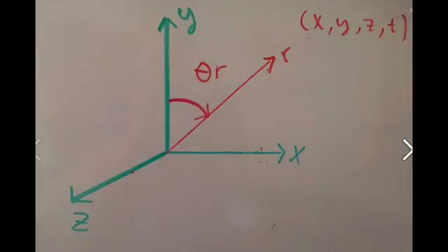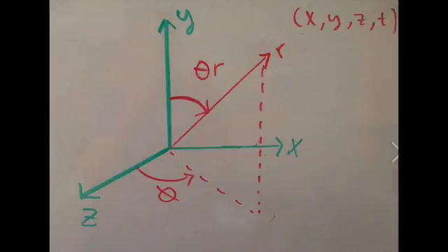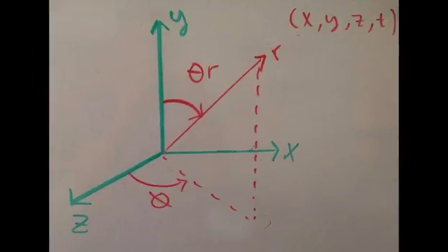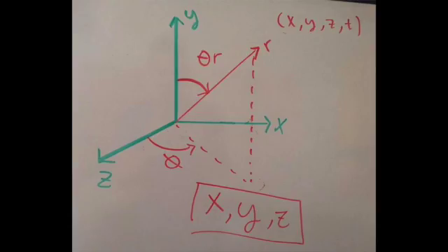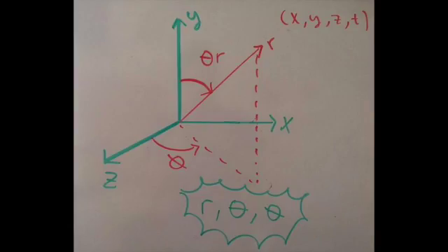Then we're going to draw another angle, and we're going to name this phi. We are doing this because we want to represent this in a spherical way. At first we had x, y, z to express coordinates, but that is exactly the same as saying r, delta, phi. It's another way to write this.